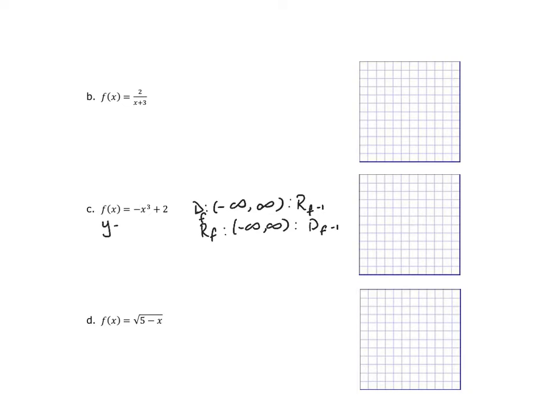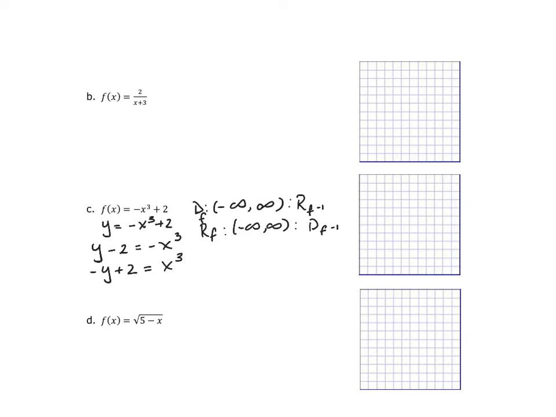So then y is equal to negative x cubed plus 2. I replace f of x with y. I'm going to solve for y by doing y minus 2 is equal to negative x cubed. I'm going to divide by negative 1, so it's negative y plus 2 is equal to x cubed.